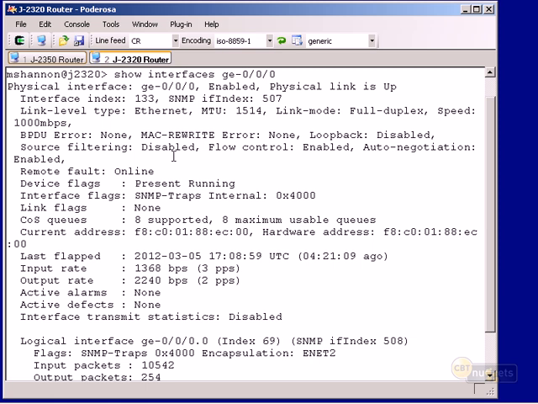For example, some of the physical properties of ge-0/0/0 are its link-level type, Ethernet, an Ethernet interface; the MTU, the maximum transmission unit, of 1514 bytes; full duplex; and the speed of 1 gigabit per second, or 1000 megabits per second. Those are what we call physical properties, and those are the most common physical properties.